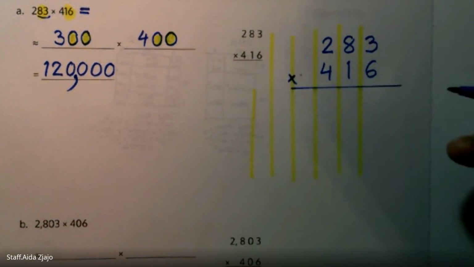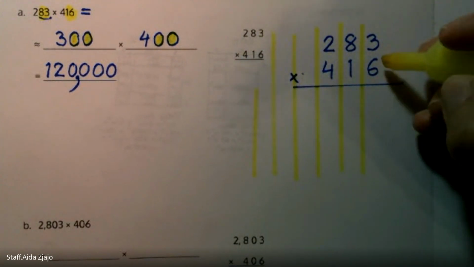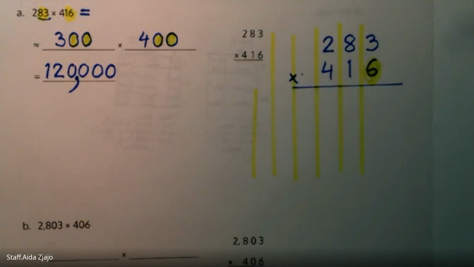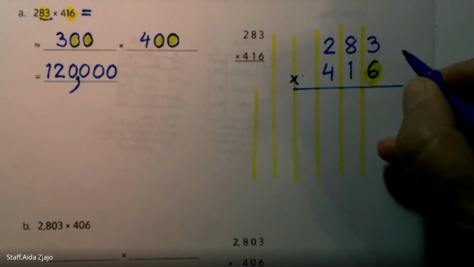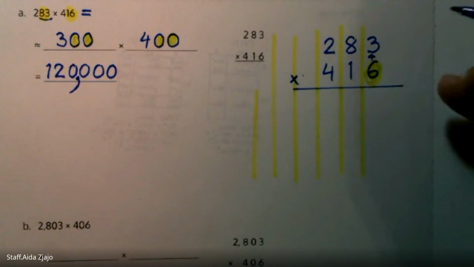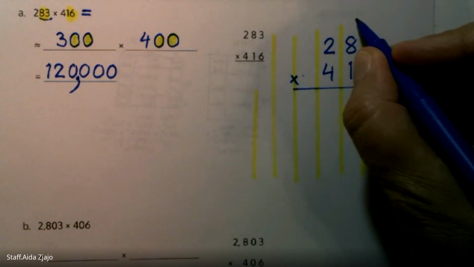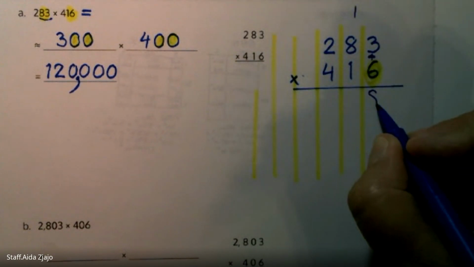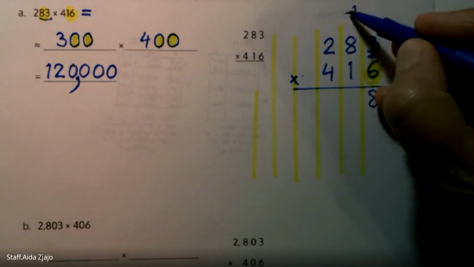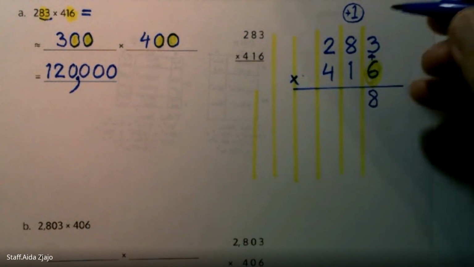So now when I have this in place, I can say, okay, I need to do 6 times this 283, but I will go with steps. First, 6 times 3, or 3 times 6, is 18. 1 and 8, 18. 1 ten to carry over, and then 8 stays.